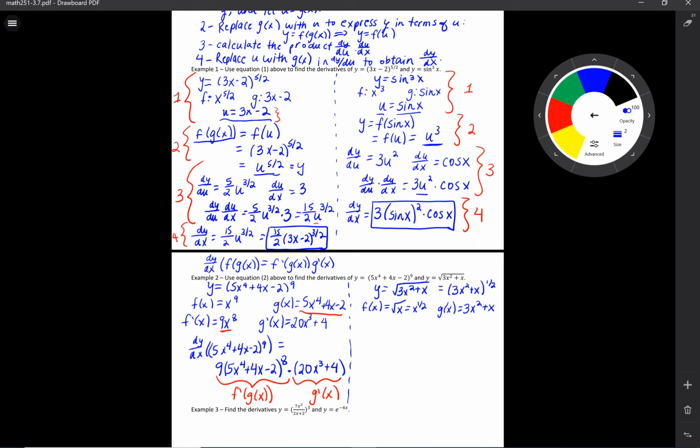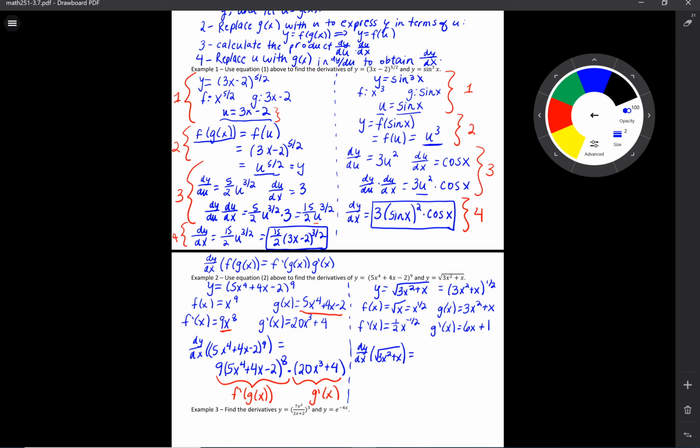Then I need to find f prime and g prime. So f prime of x is equal to, using the power rule, 1/2 x to the power of negative 1/2. And g prime of x equals 6x plus 1. So then dy/dx of the square root of 3x squared plus x is equal to f prime of g of x.